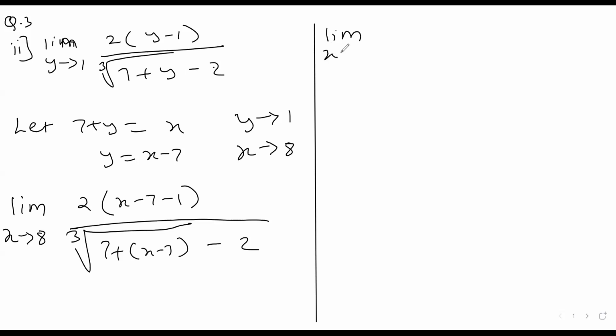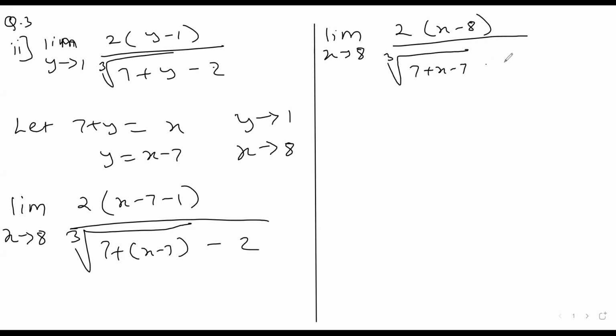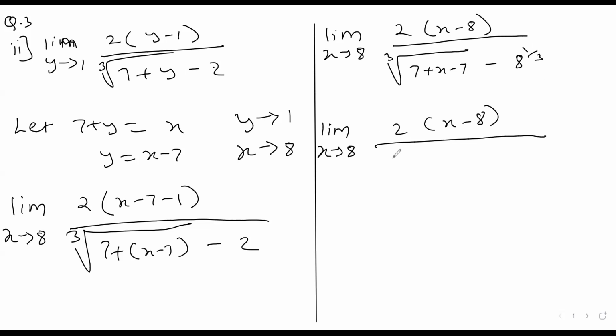So this will be limit x tends to 8, 2 into x minus 8 upon cube root 7 plus x minus 7 minus 2. Can I write this as x raised to 1 by 3, 8 raised to 1 by 3? Cube root of 8 is 2, right? Limit x tends to 8, 2 into x minus 8, whole thing upon x raised to 1 by 3 minus 8 raised to 1 by 3.